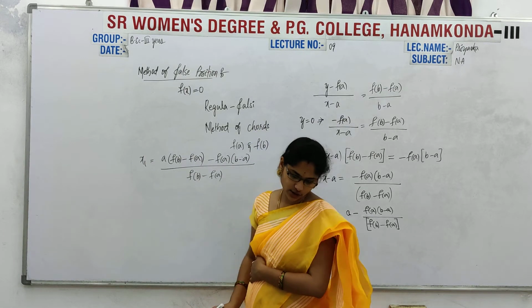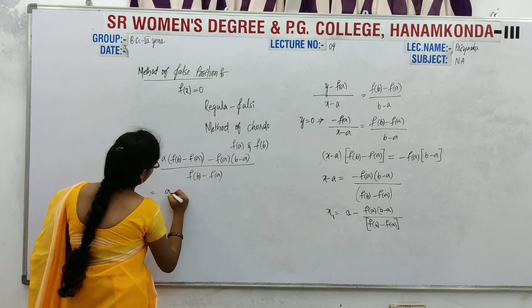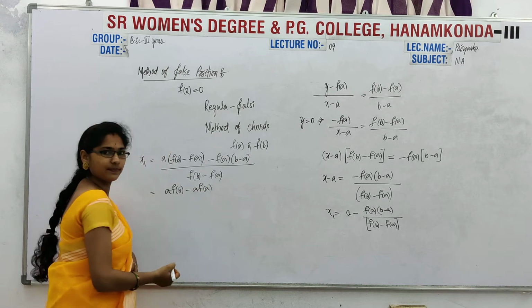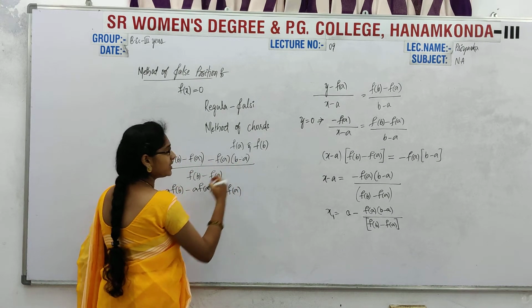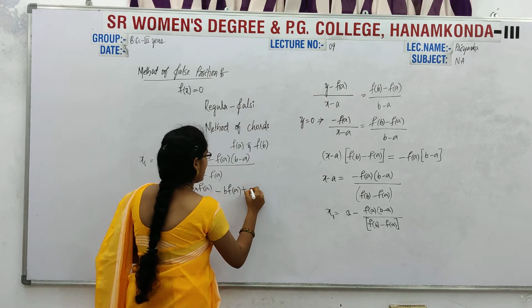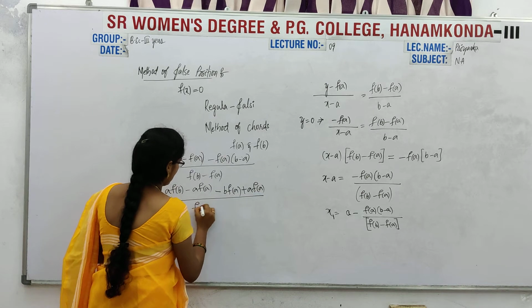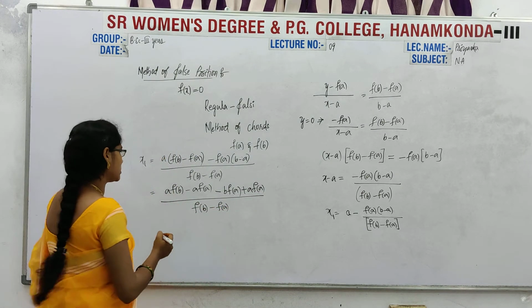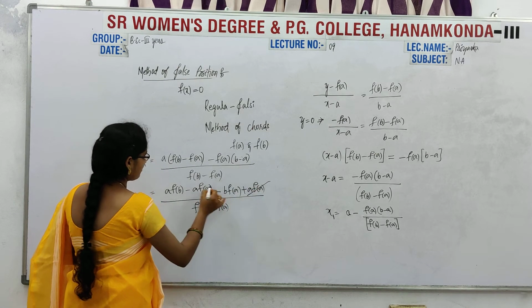Directly, a into f of b minus a into f of a minus b into f of a plus a into f of a, by f of b minus f of a. I am just finding the formula, that's it. Now minus b, here we have plus a f of a minus a.